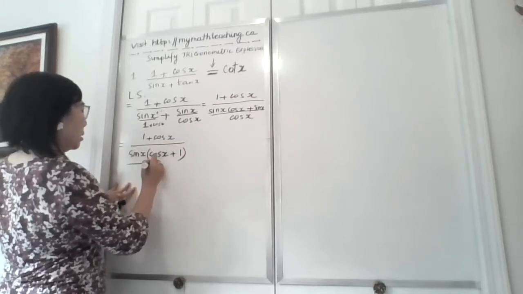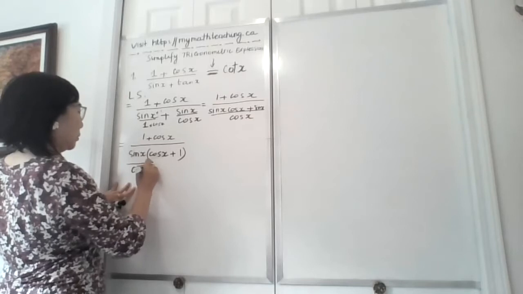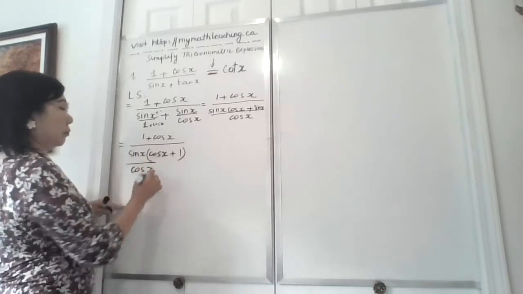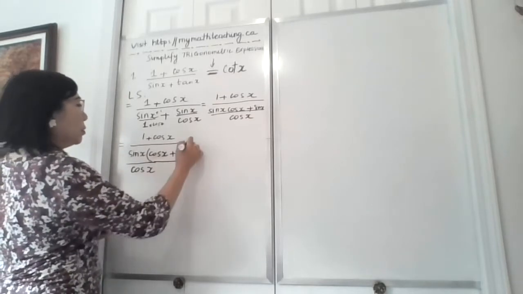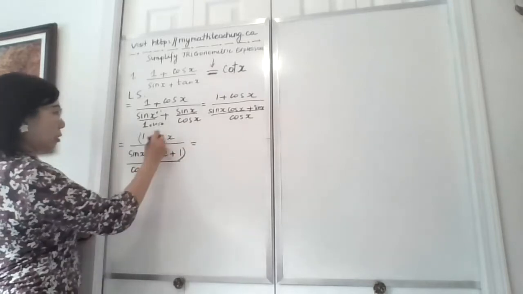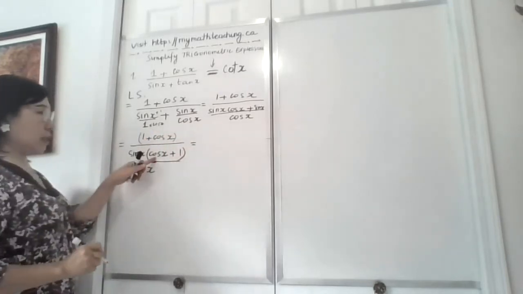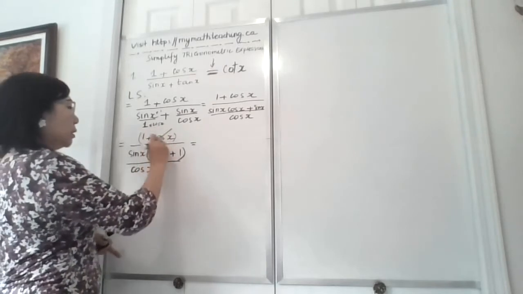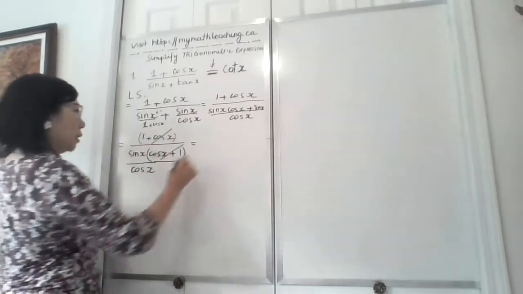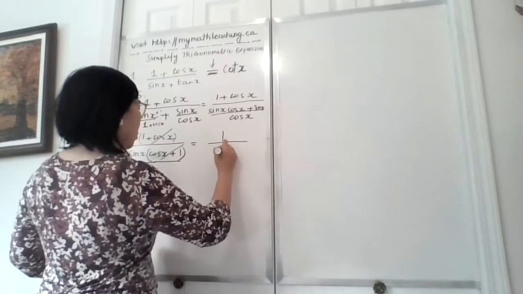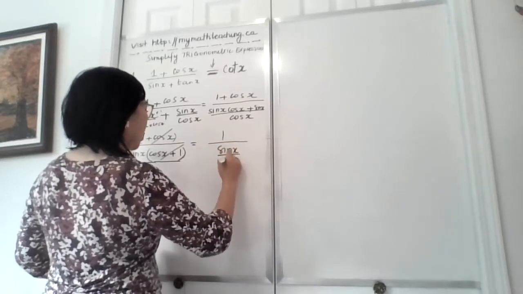And down here, I have a cos x, right? So now I see the top here is 1 plus cos x, down here cos x plus 1. They're the same, I can cancel it. And I have this 1 over sine x over cos x.